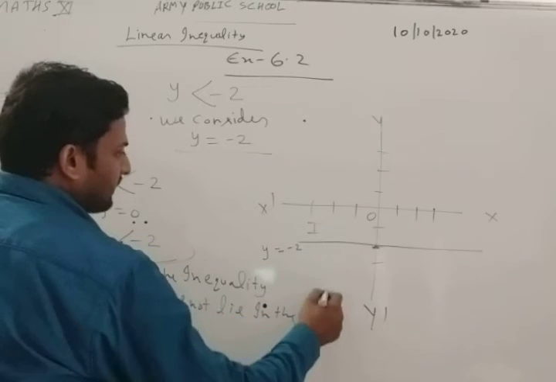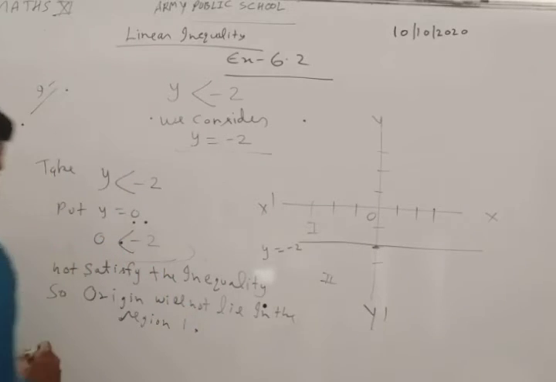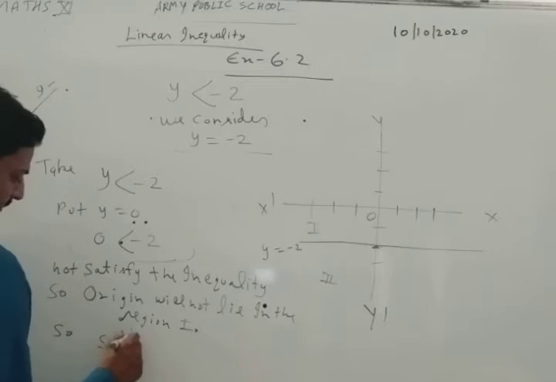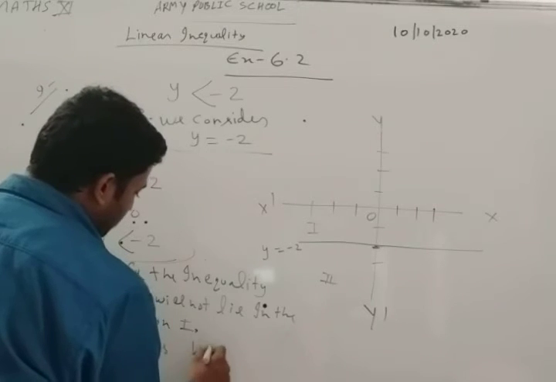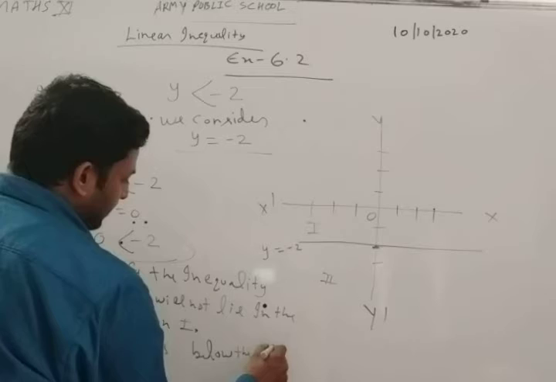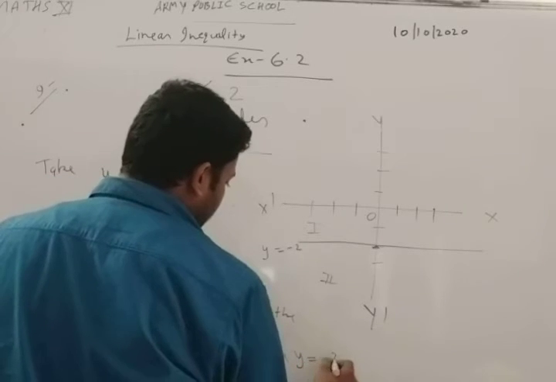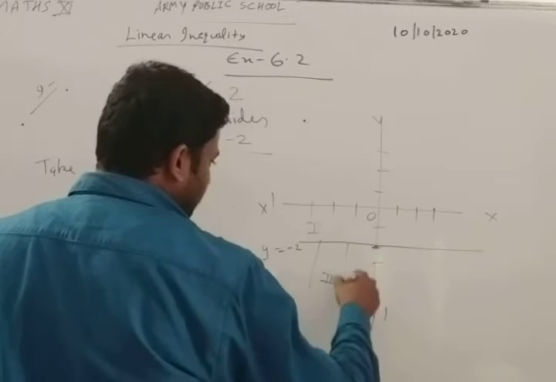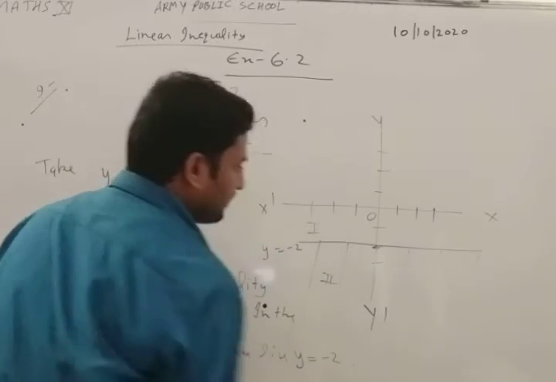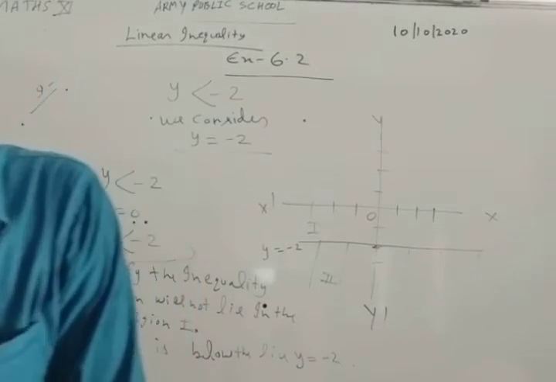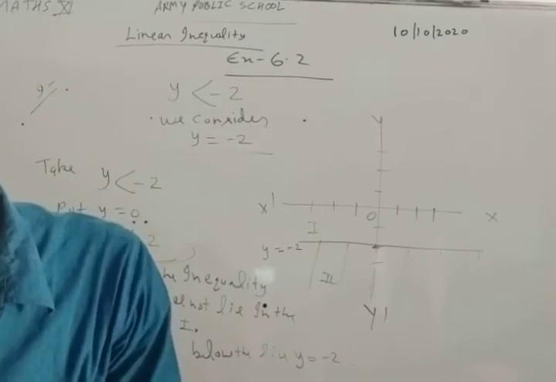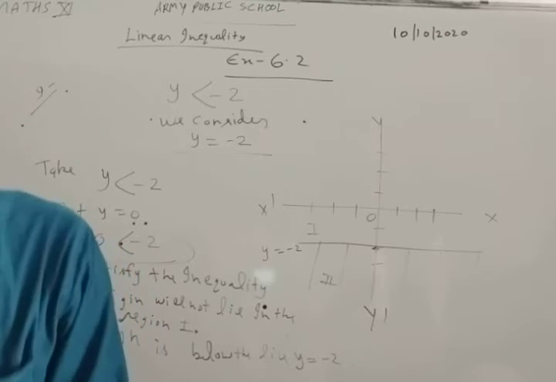So the solution is below the line y is equal to minus 2, that is this. This is the solution. Okay? Any doubt? Next question.